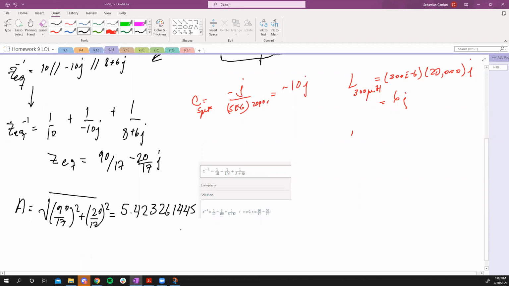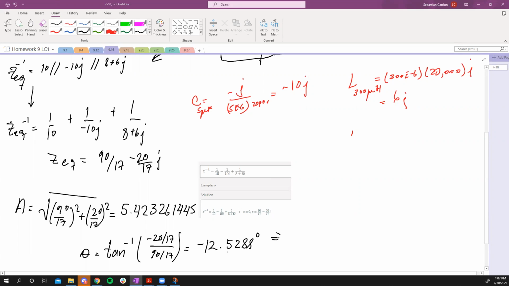I'm just going to keep that value so that my answer is exact. Now we want to find the angle: the tangent inverse of negative 20 over 17 over 90 over 17, which is negative 12.5288 degrees.